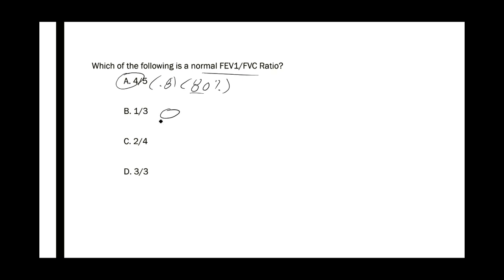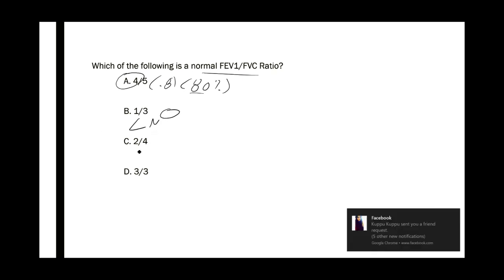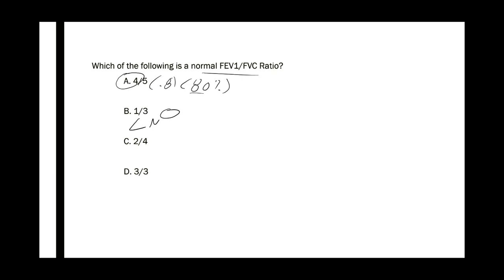It would be obstructive because it's less than the normal. Okay. Same thing with C, obstructive pattern, 2 over 4 is 0.5, so it's less than the normal. D would be restrictive pattern. It is greater than the normal.